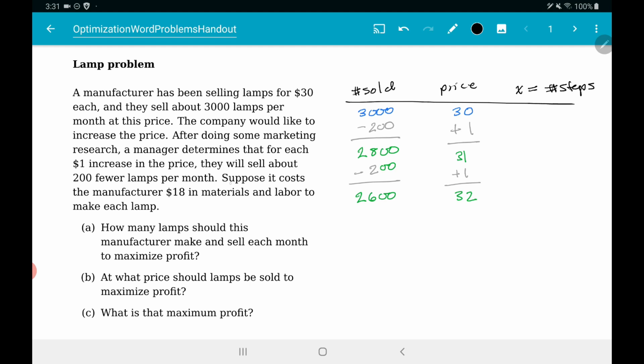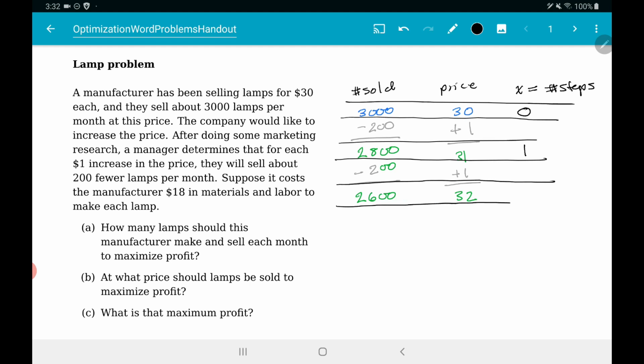That is, the number of times that we increase the price by $1 and decrease the number sold by 200. In this row, we have made 0 changes to the business. In this row, we have made 1 change to the business, and in this row, we have made 2 changes to the business.